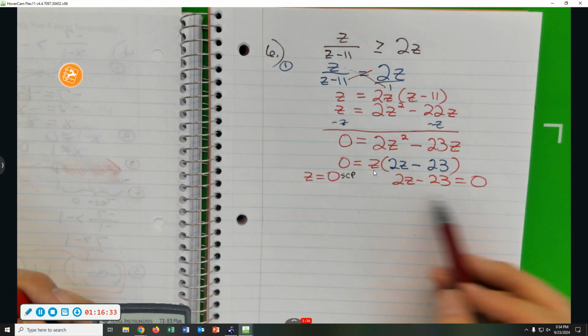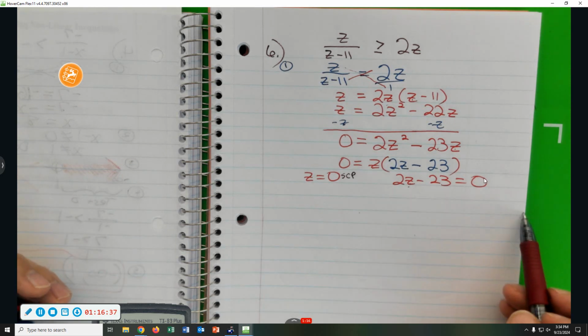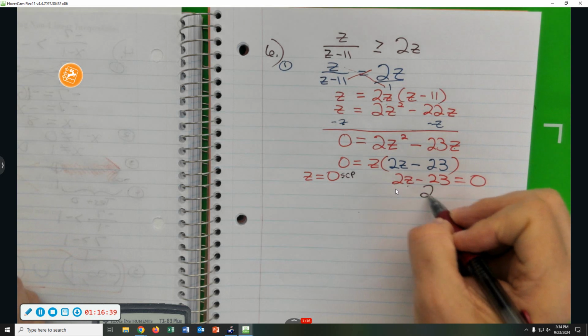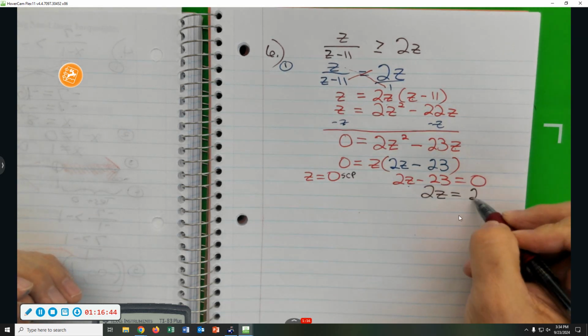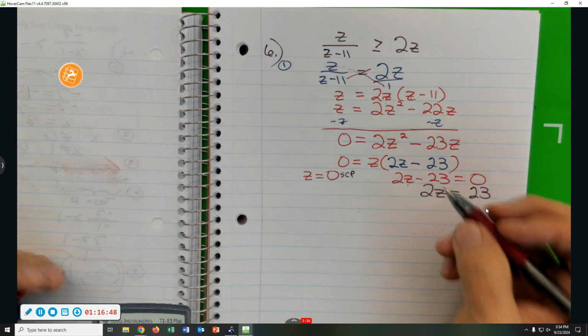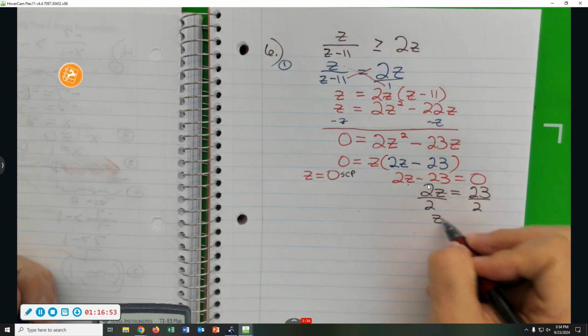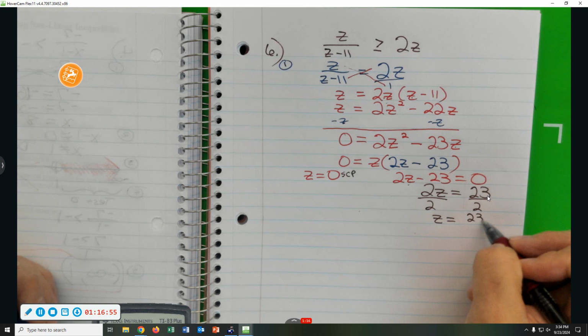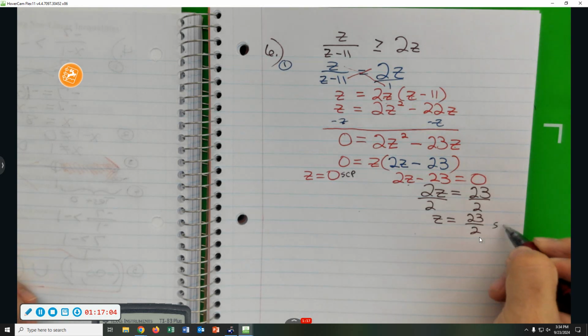What about here? To solve for z, what do I have to do? Move the 23 over. That'll give me 2z equals positive 23, and then divide by 2 to give us z equals 23 over 2. 23 is a prime number, 2 doesn't go into it, so we're just stuck with 23 over 2 for my second solution cut point.